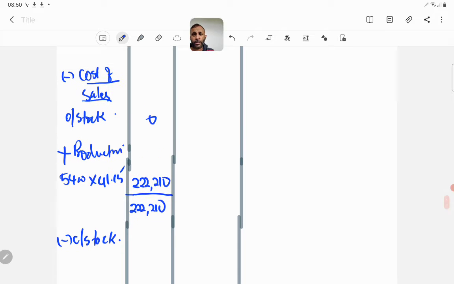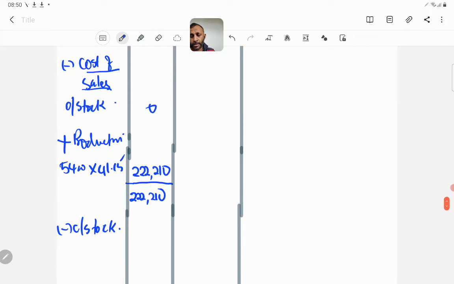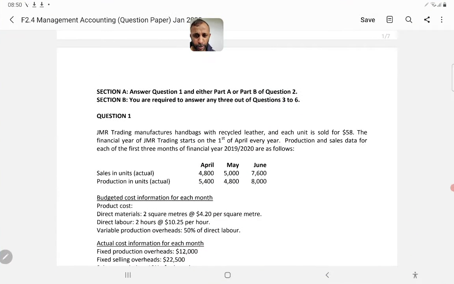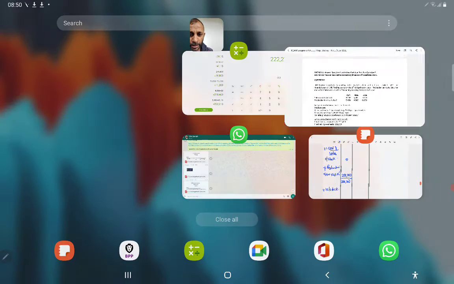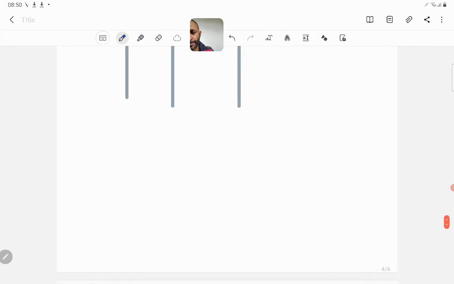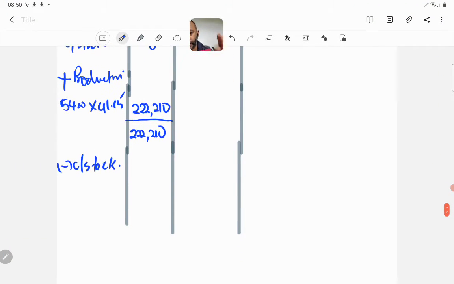The closing stock in this situation: I produced 5,400 units and I sold 4,800 units, so there is a closing stock of 600 units, which is 5,400 minus 4,800.